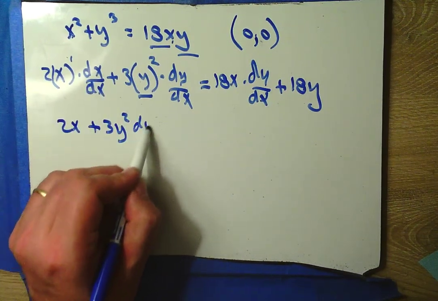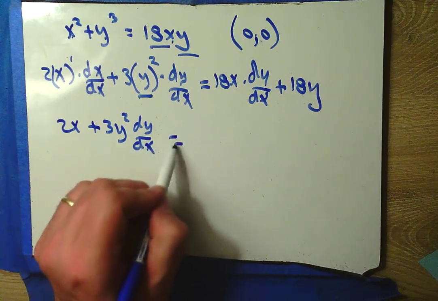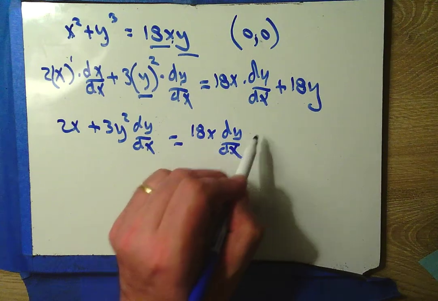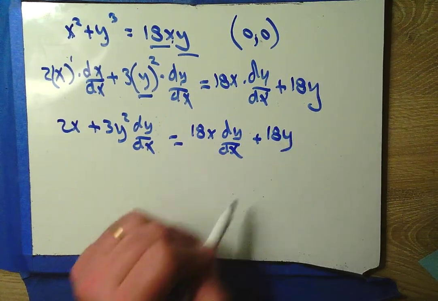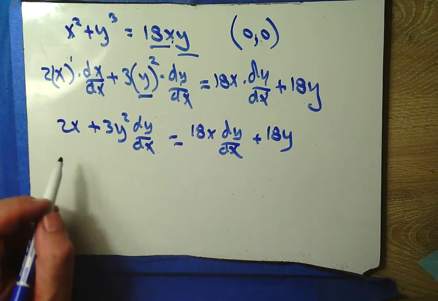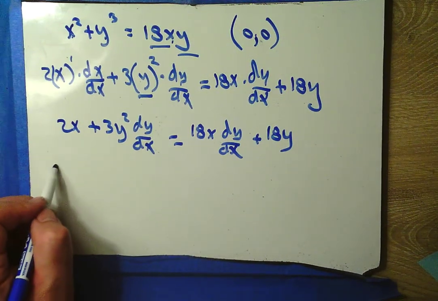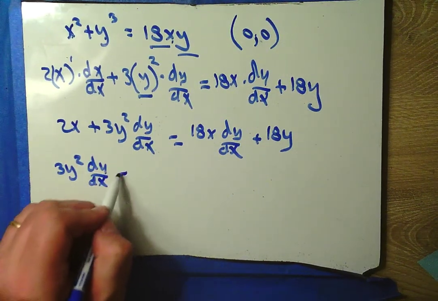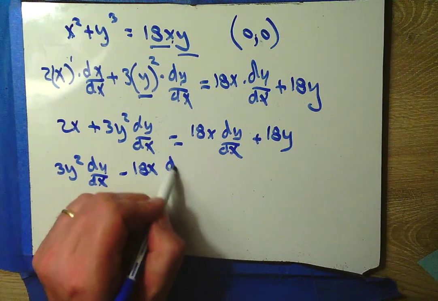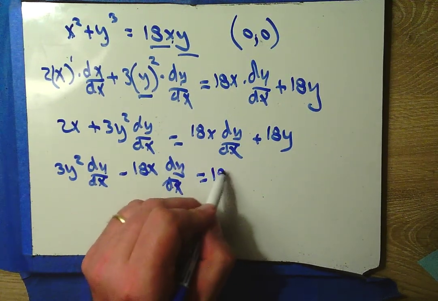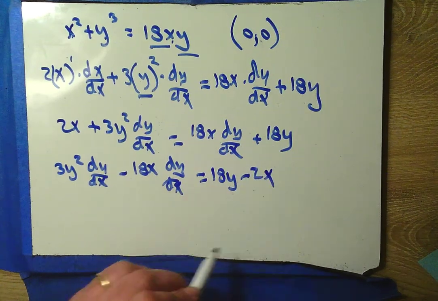3y squared dy/dx equals 18x dy/dx plus 18y. I want to move all the dy/dx stuff to one side and the not dy/dx stuff to the other. So I'm going to have 3y squared dy/dx minus 18x dy/dx equals 18y minus 2x.